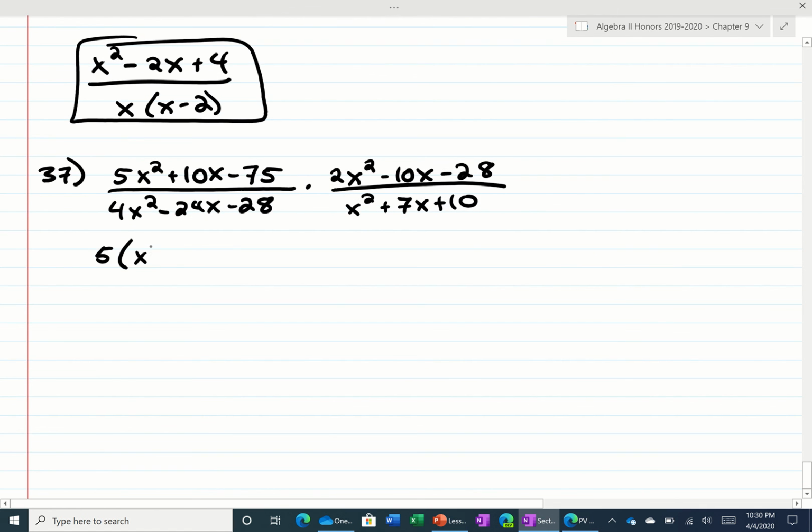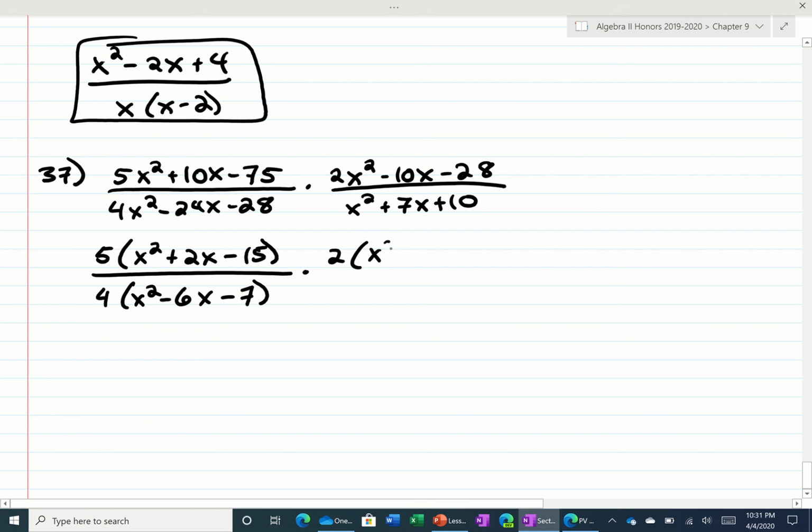This would be 5 times x squared plus 2x. 75 divided by 5, I think, is 15. Take out a 4, x squared minus 6x minus 7, so that factors further. Take out a 2, x squared minus 5x minus 14.